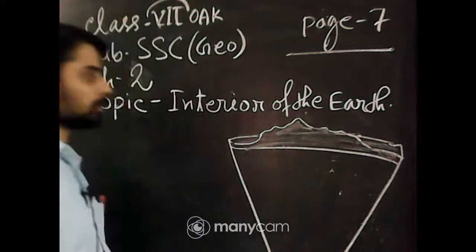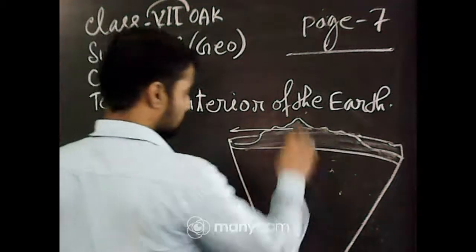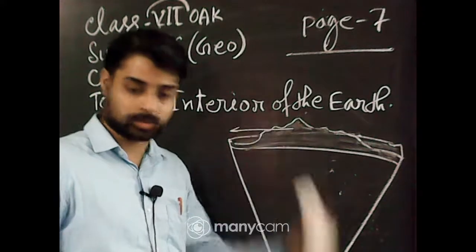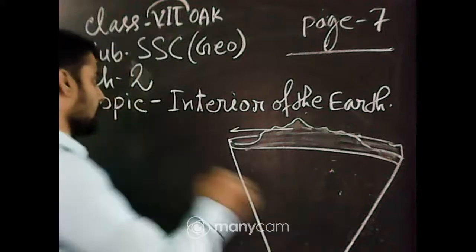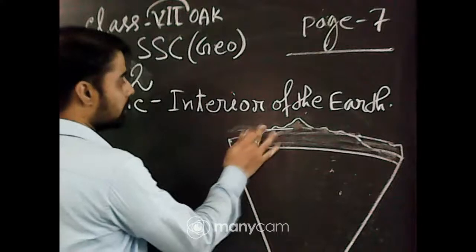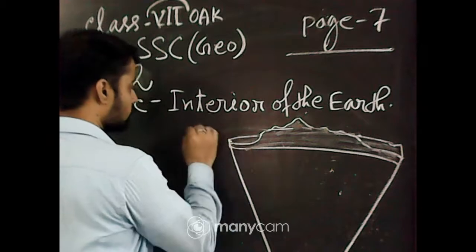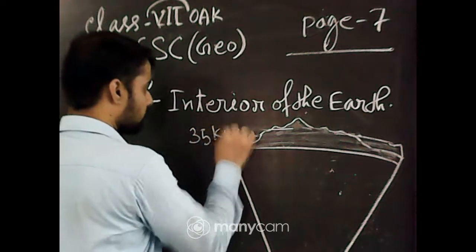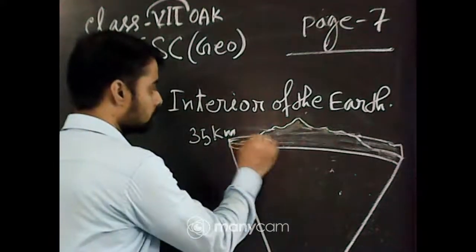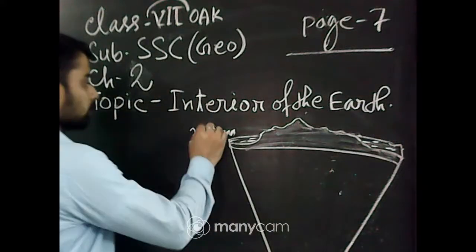If we cut it in this manner, the uppermost layer, this part where we live, where all the mountains, the plateaus, the plains are situated, is spread up to here, up to 35 kilometers below the continents, and also 5 kilometers below the ocean.